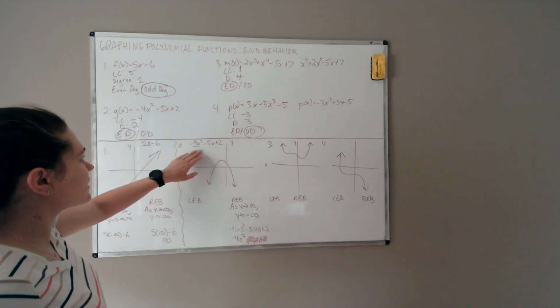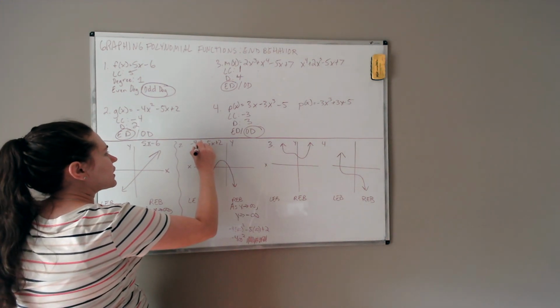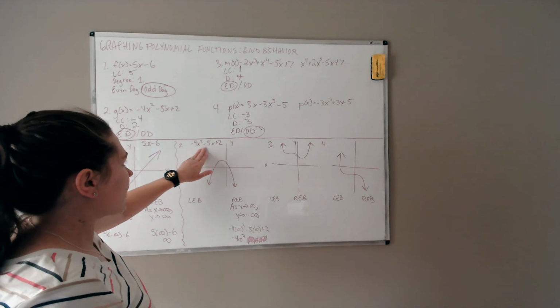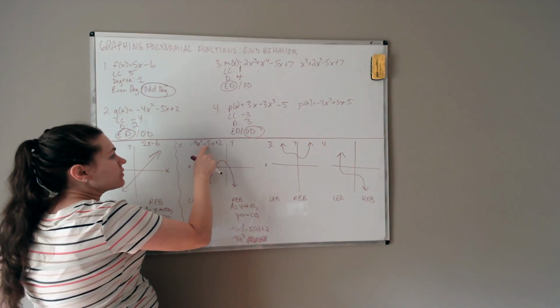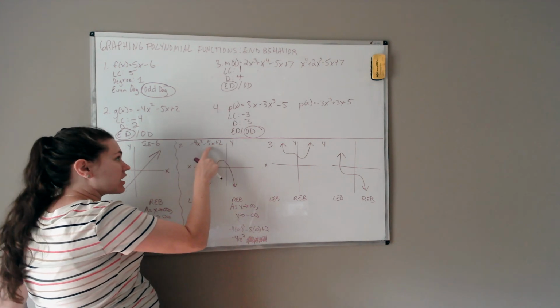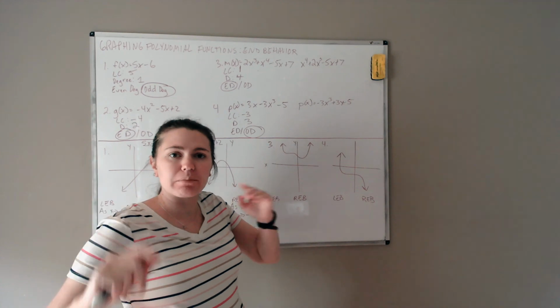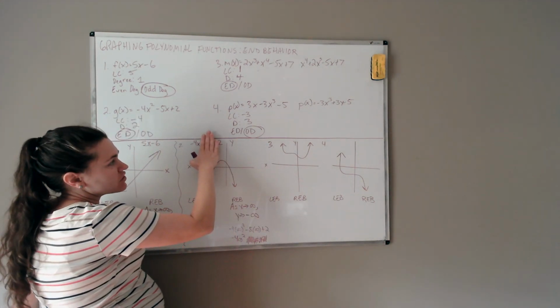That's because if I take a really large positive number and I plug it in, these two terms are nothing in comparison to that massively large number squared. They are so small that they're insignificant.